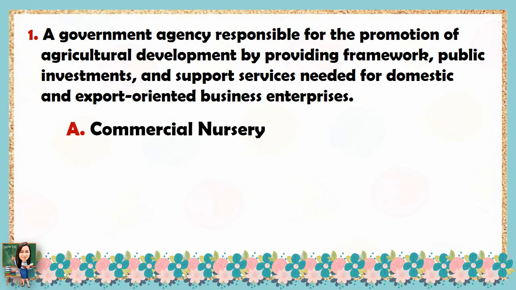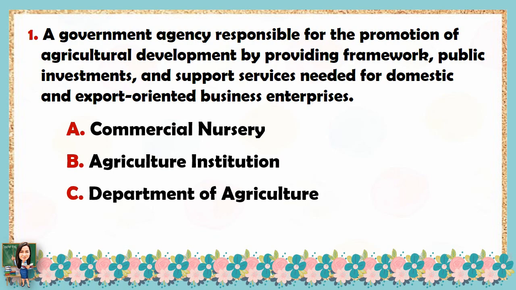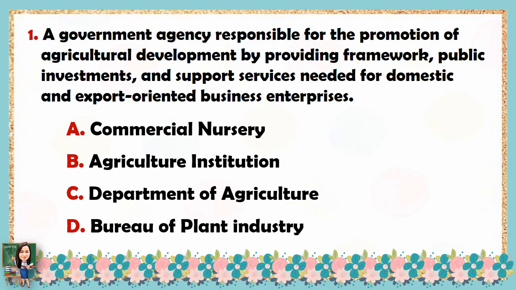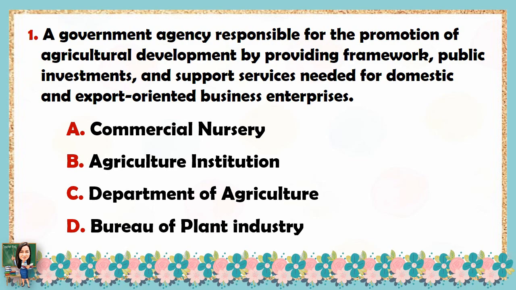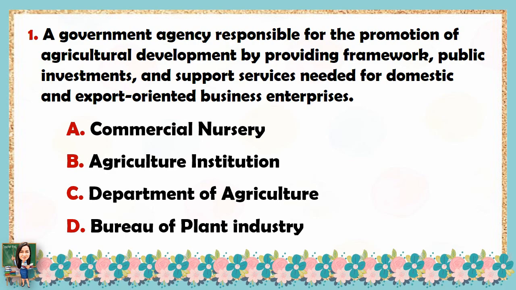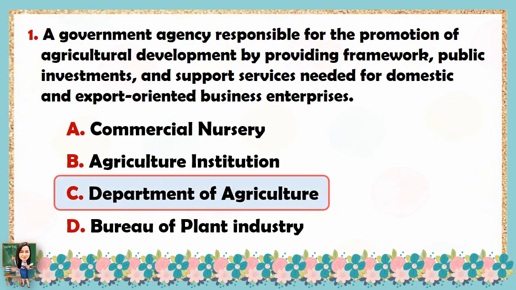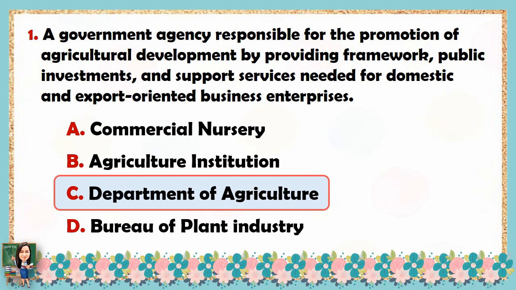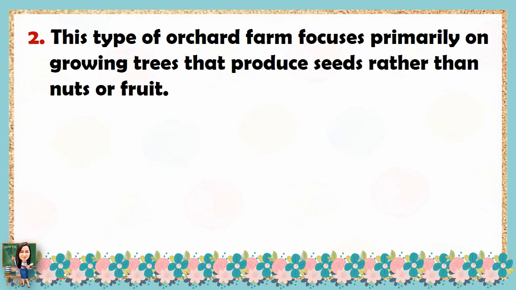A. Commercial nursery. B. Agriculture institution. C. Department of Agriculture. D. Bureau of Plant Industry. What is the correct answer? Very good. The correct answer is letter C. Department of Agriculture.